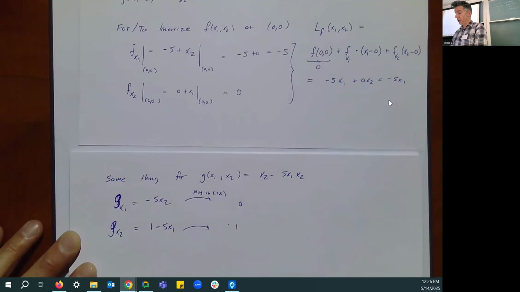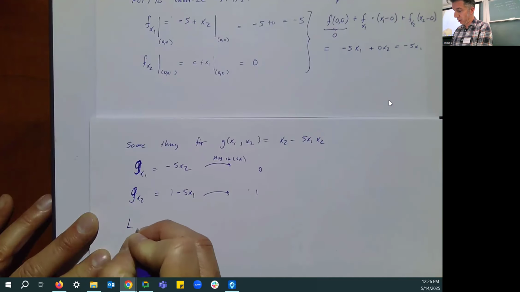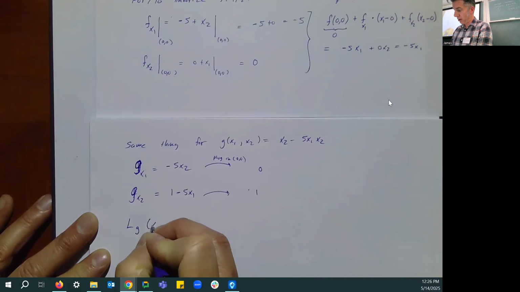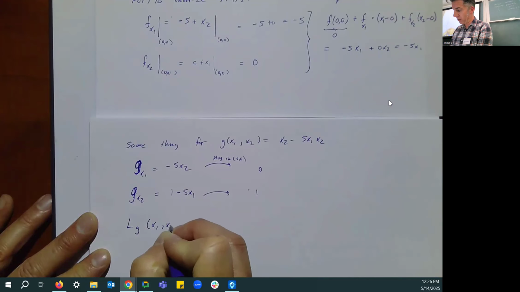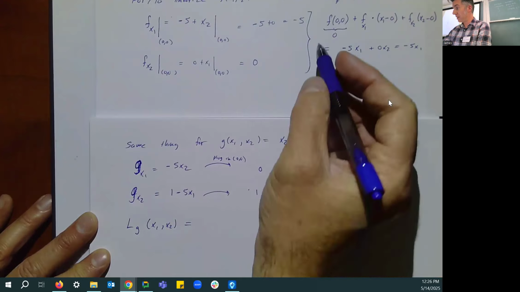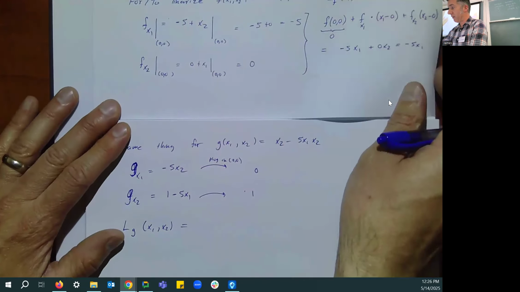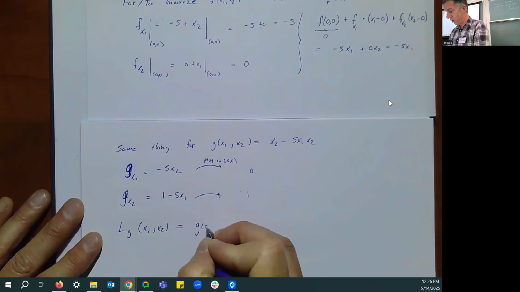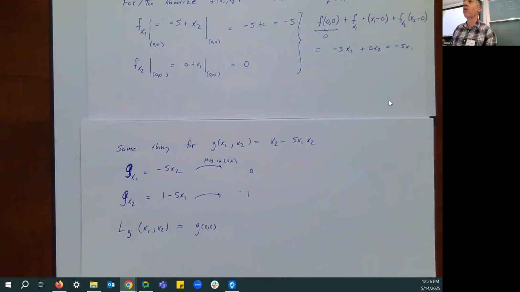So then our linearization of g of x1, x2 is going to be the same thing as up here, but using g instead of f. So it's going to be g of 0, 0, which also has to be 0, because we're again plugging the equilibrium into the thing that we said equal to 0 to find the equilibrium.